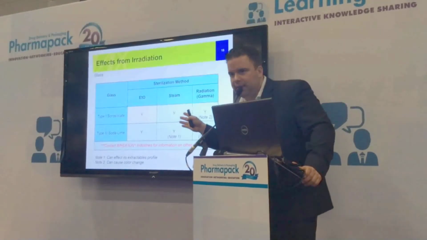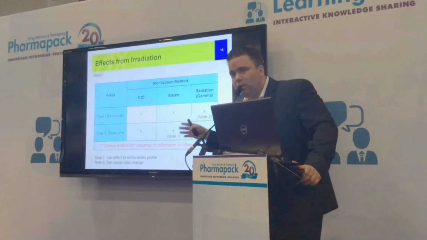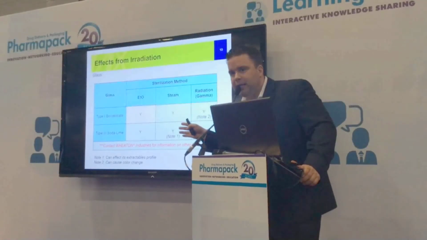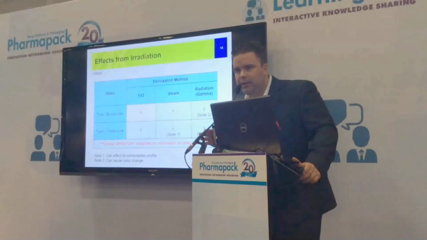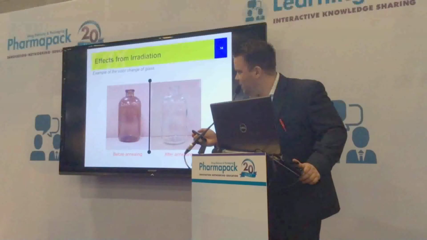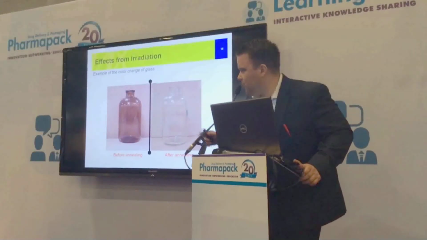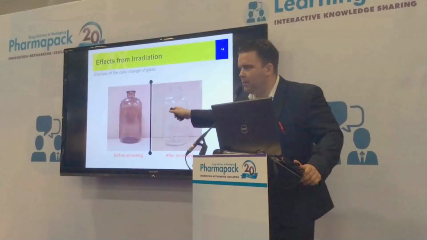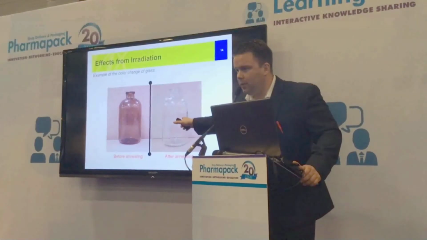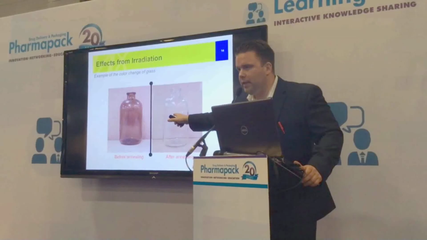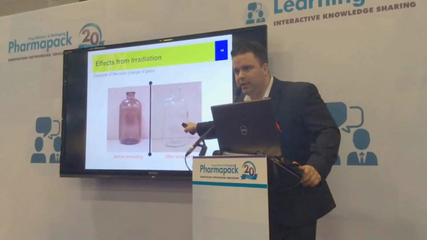Also, one interesting thing to note is that gamma or E-beam irradiation can affect the color in either type 1 or type 3 glass. So this picture shows on the left the same clear borosilicate vial, or I'm sorry, this is a molded bottle, that went through gamma irradiation and it turned from clear to almost an amber color.